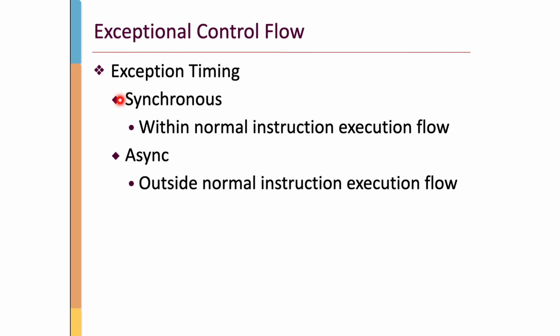There's two types of exceptions to keep in mind with respect to the timing of the exception. A synchronous exception is something that happens within the normal flow of instruction execution in the application process. We'll see, for example, that when we want to make a call out into the file system, say to do a write call or a read call or an open call to open up a file, that takes place right in the normal flow of processing.